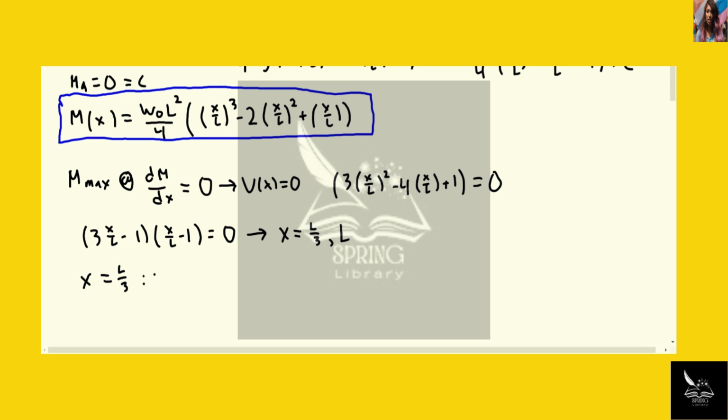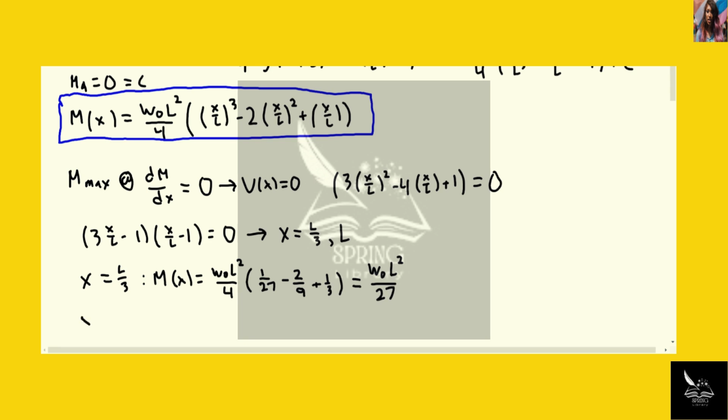At x equal to L over 3, we get our M equal to our constant, and we'll get 1/27 minus 2/9 plus 1/3. We'll see that factoring this simplifies, and we'll get W0 L squared over 27.